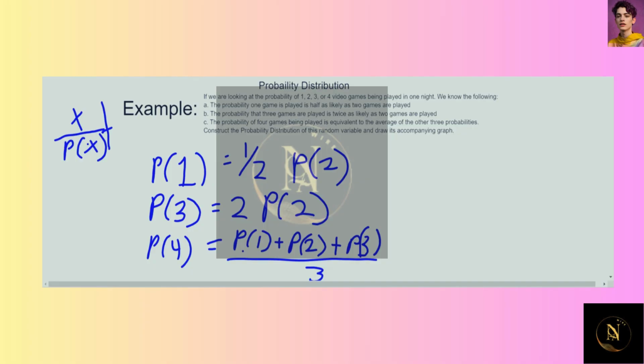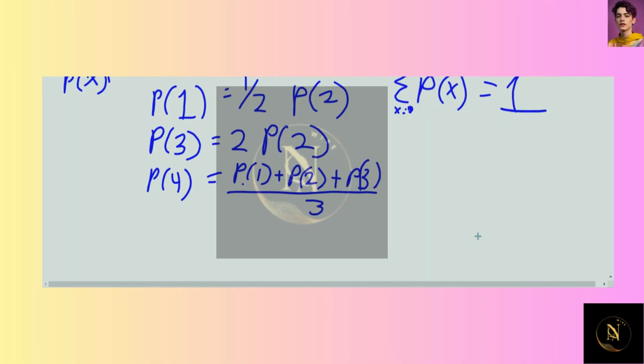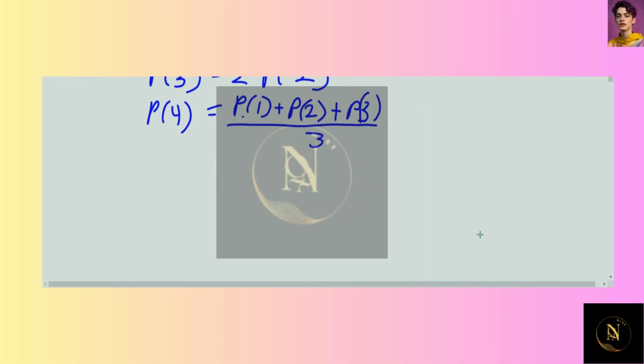And now one rule that was not listed in the problem, but we know because we're working with probability distributions, is that the sum of all of our probabilities must equal 1. So with these 4 equations, we can figure out what all of our probabilities are.